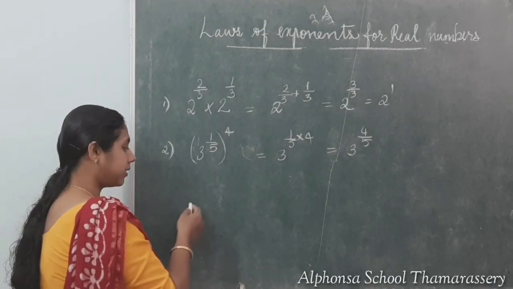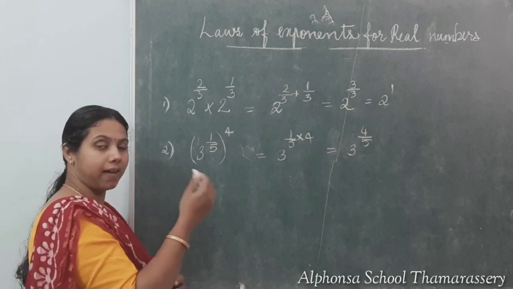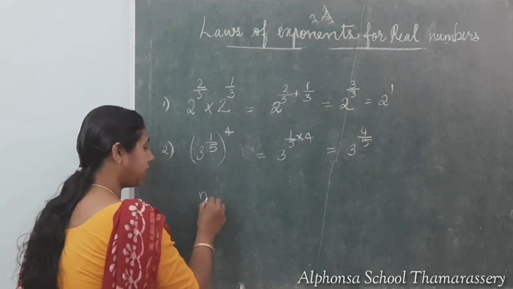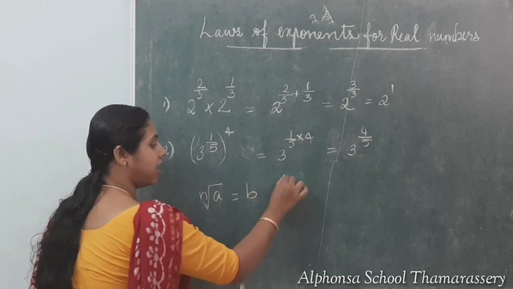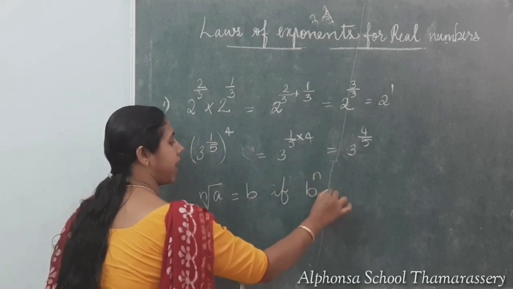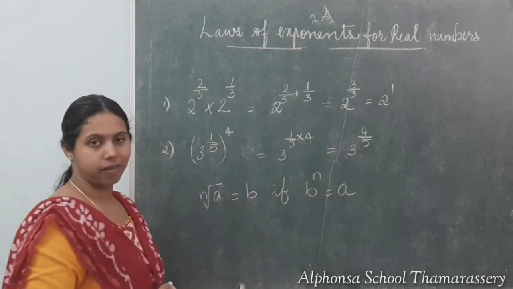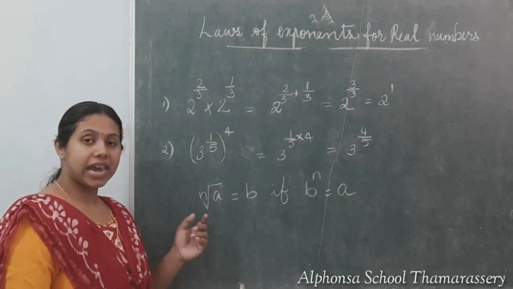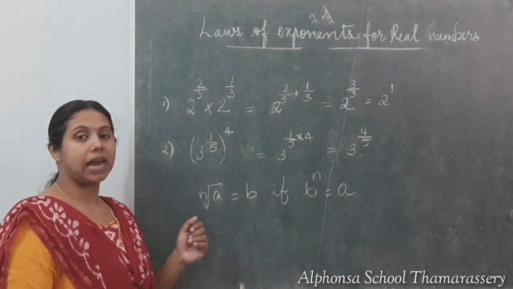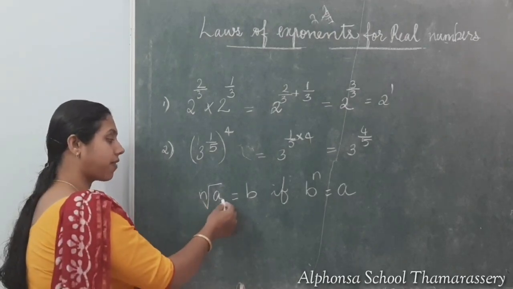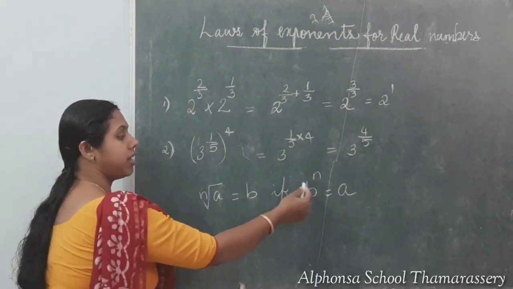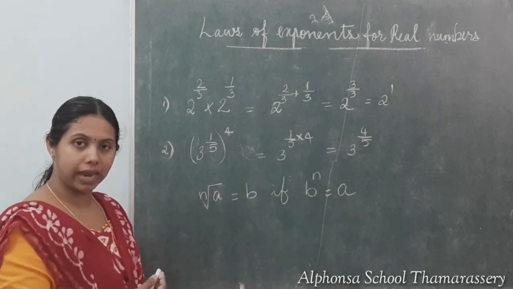We know that in the earlier section we discussed: let a be a real number and n a positive integer, then the nth root of a is equal to b if b raised to n is equal to a.